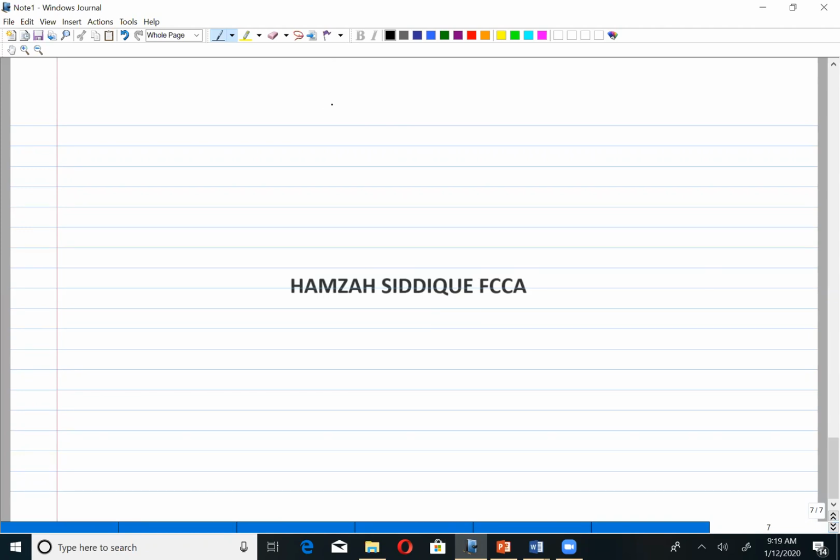Investment appraisal. Students, when businesses launch a project or start a business, they need to appraise it first before making a huge capital investment.